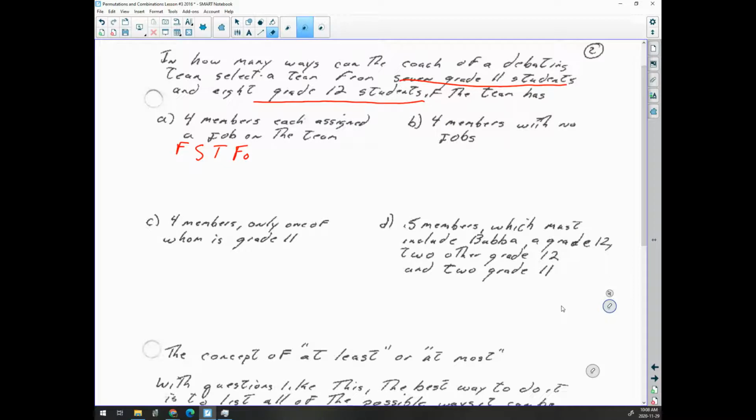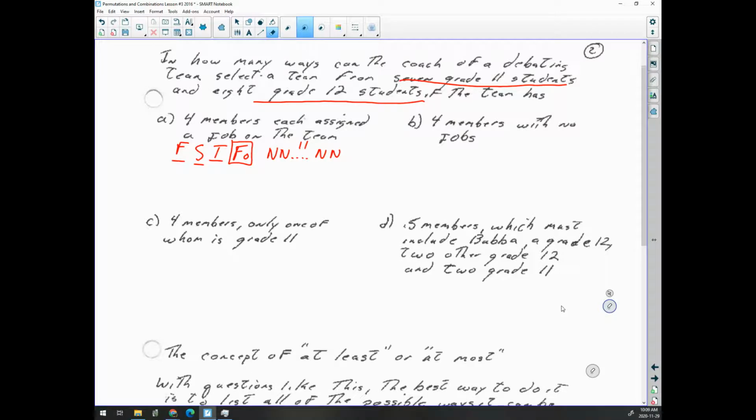Okay. And then the remaining people, which we have 15 total, the remaining 11 are not on the team. So this is what we're going to be trying to arrange. We've got four distinct positions, and then we have 11 people who are not chosen for the team.